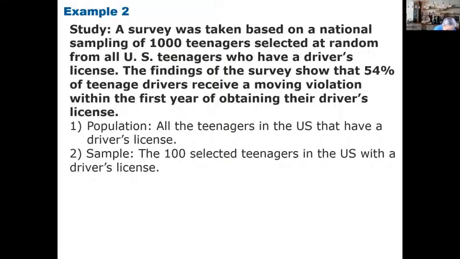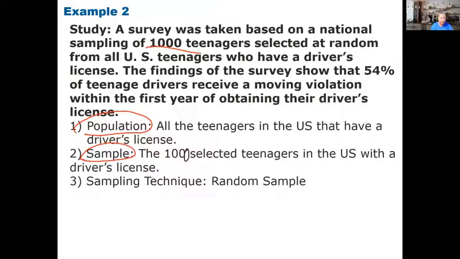So this is 1,000 selected teenagers with driver's license. So that's the sample, right? So now we see the difference between population and sample here. So sample is 1,000 selected teenagers. So that's right here, right?